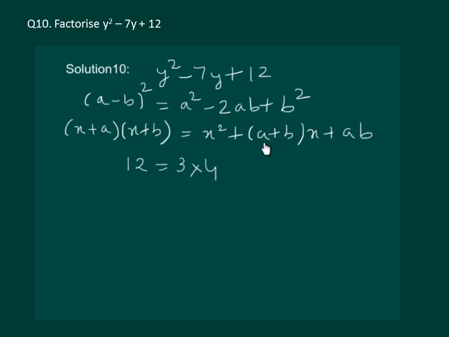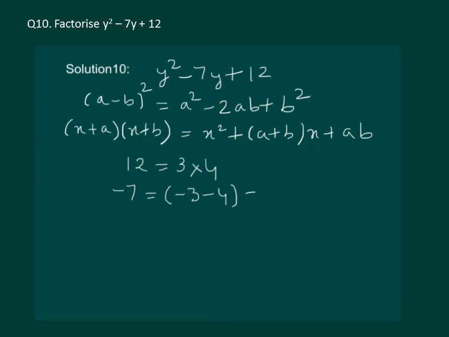But what about a plus b? Can we write it as a sum of 3 and 4? Let us see. Can we write minus 7 as the sum of 3 and 4? We can write it as minus 3 minus 4.